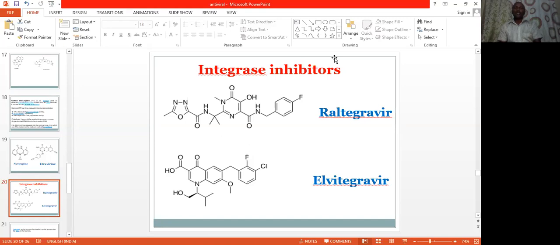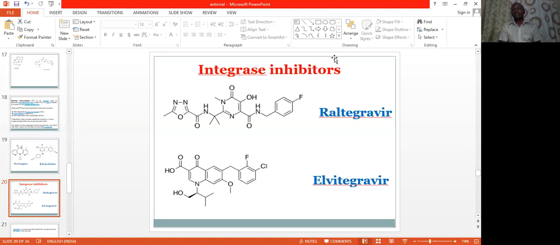Then the synthesized DNA will be inserted into the host, that means the human's DNA. Here the insertion of viral DNA into the host DNA is done by the enzyme called integrase. Integrating the viral DNA into the host DNA is the function carried out by integrase.